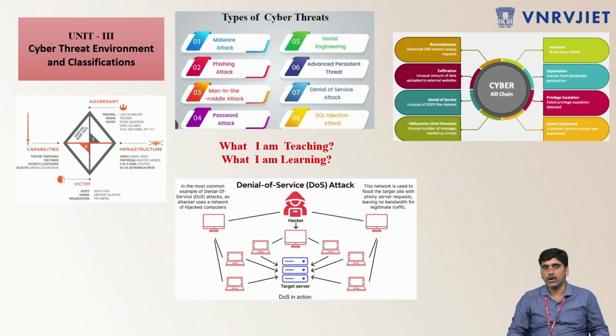How they choose the sources and the attack vectors to target the system. And the models: the cyber kill chain is one type of model, as well as the diamond model of cyber threat, under different types of classifications of the threats.